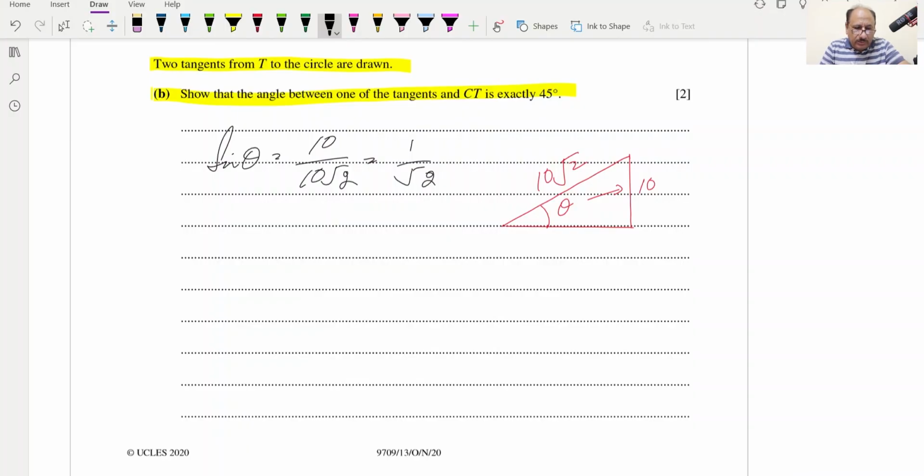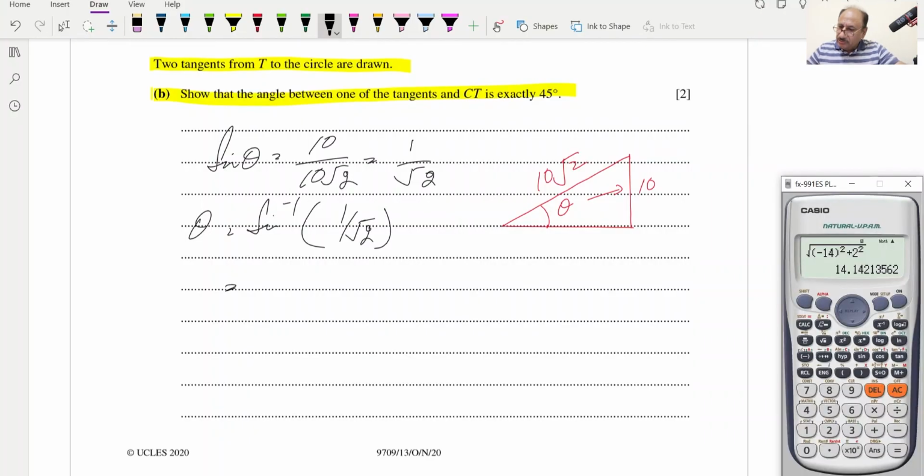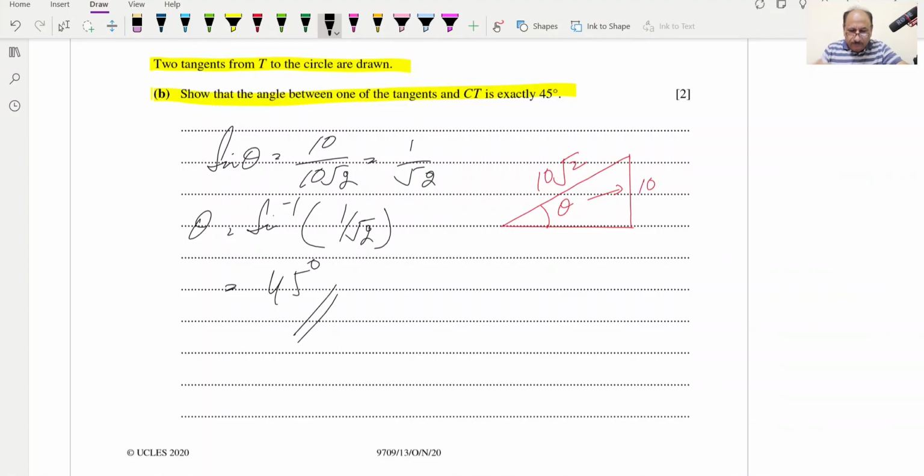So theta will be equal to sine inverse of 1 over root 2, and checking on the calculator in degree mode, this will be equal to 45 degrees. And this is done. 2 marks part.